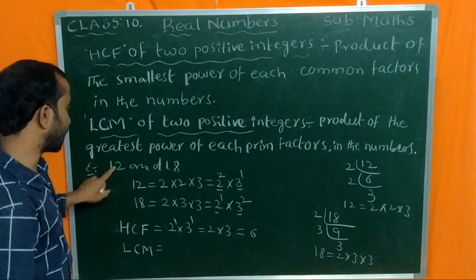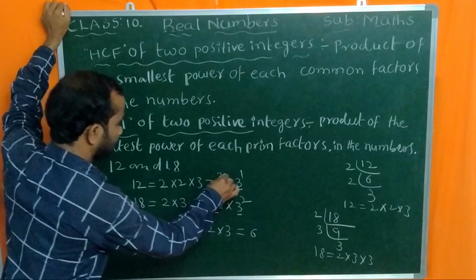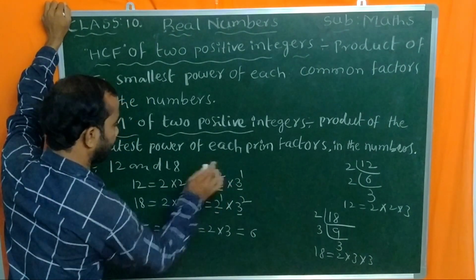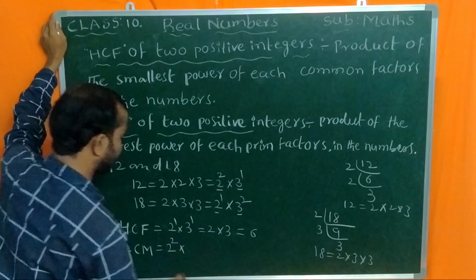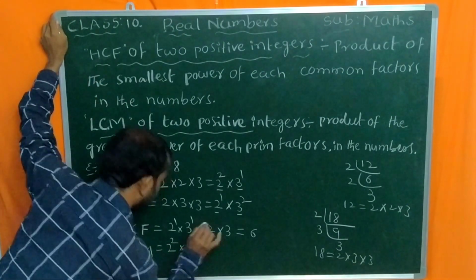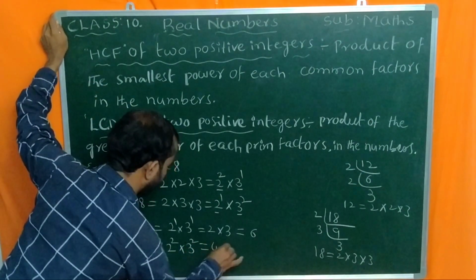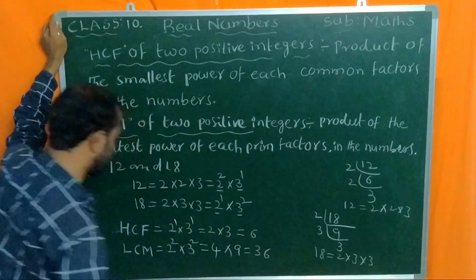Next, LCM of the two integers 12 and 18 is the greatest power of each prime factor. The greatest power of 2 is 2 square, and the greatest power of 3 is 3 square. So 2 square is 4, 3 square is 9, and 4 into 9 equals 36.